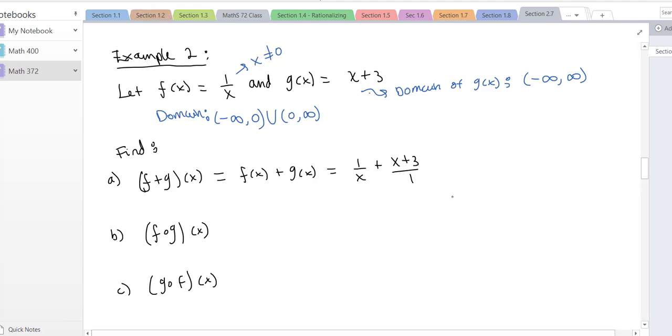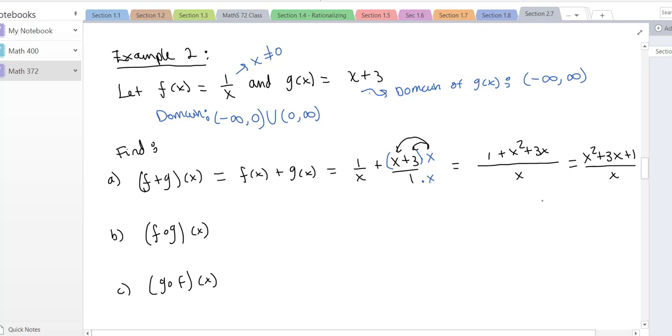So the common denominator is x, so multiply top and bottom by x. And now simplify. So my common denominator is x. I'm going to have 1 plus, distribute the x, x squared plus 3x. So my f plus g then is x squared plus 3x plus 1 all over x.